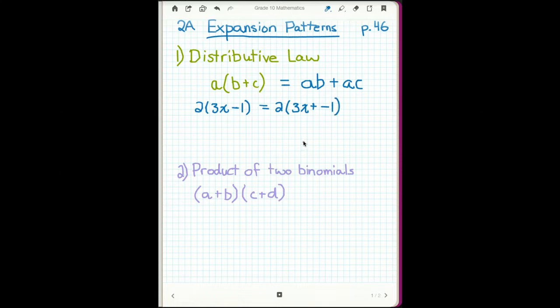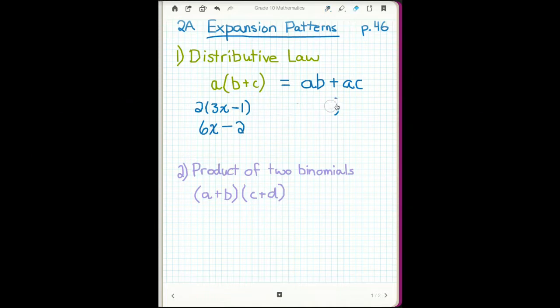And then we take 2 times 3x, that's going to give us 6x, and 2 times -1 gives us a -2, so we write that as -2. And that's the expanded version.